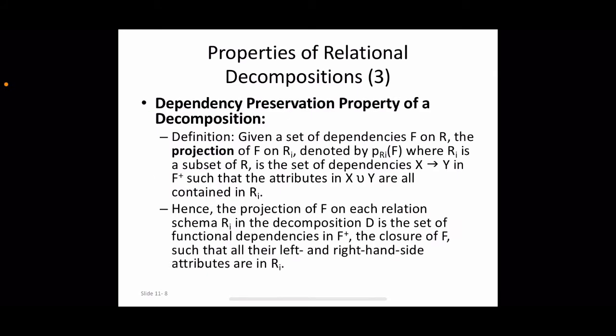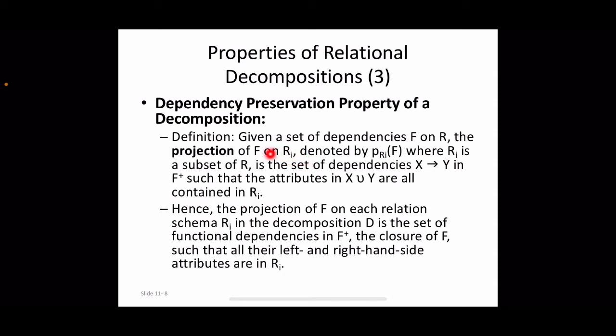Now coming to the dependency preservation property of a decomposition. Let's try to define it first. Given a set of dependencies F on R, where R is the universal relation or single relation, and the projection of F on Ri, where Ri is a subset of R. We are decomposing R into a set of components R1, R2, etc. Rn, so Ri is such a sub-relation.